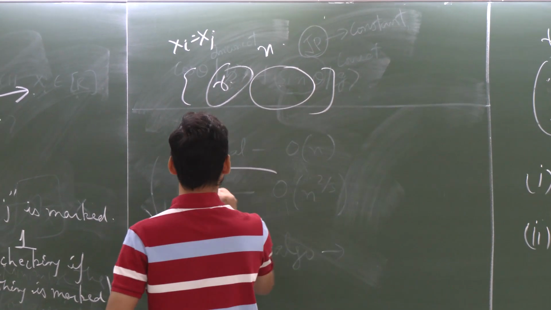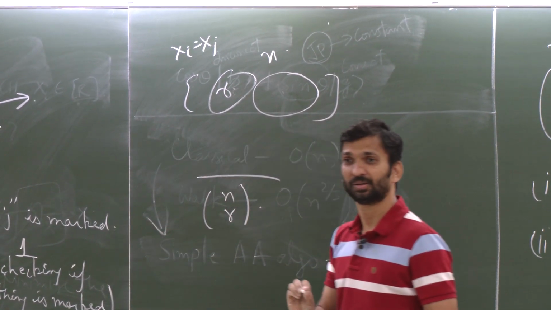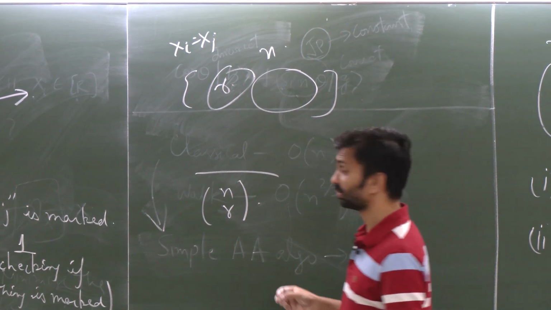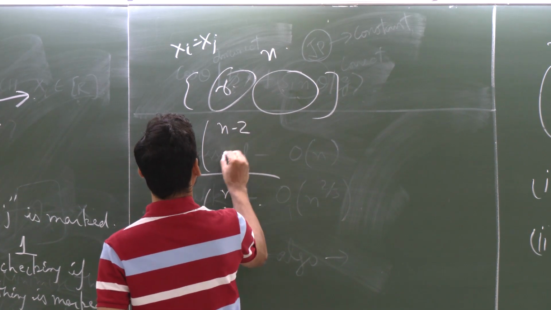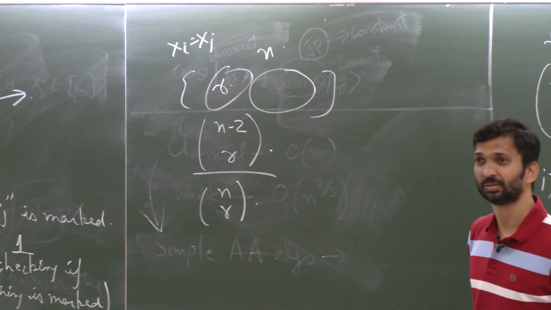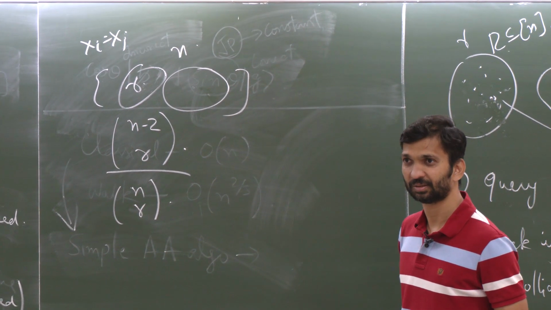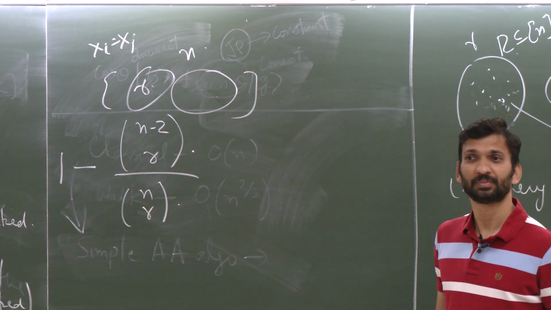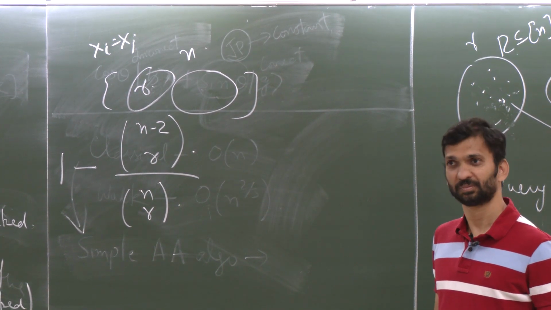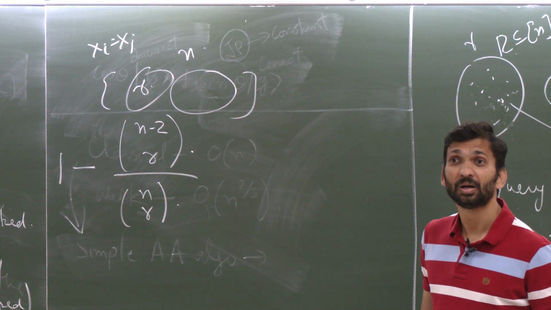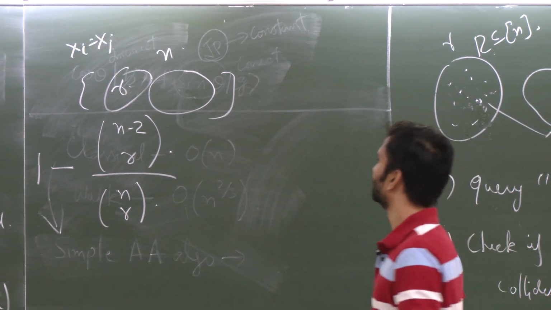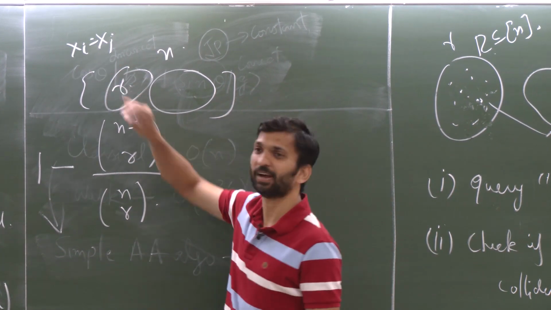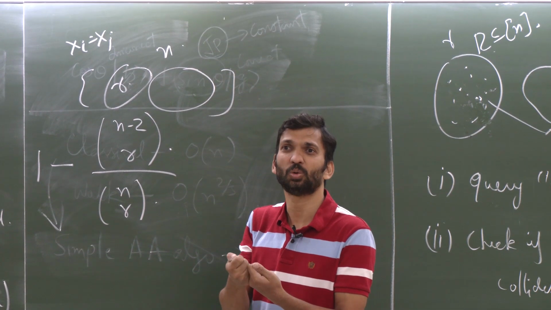See, the total sets are n choose r. Correct? What are the bad cases? Sorry, once more. So this is a simple probability question. This has nothing to do with quantum. Simple point is, suppose I have 2 indices i and j where xi is equal to xj.